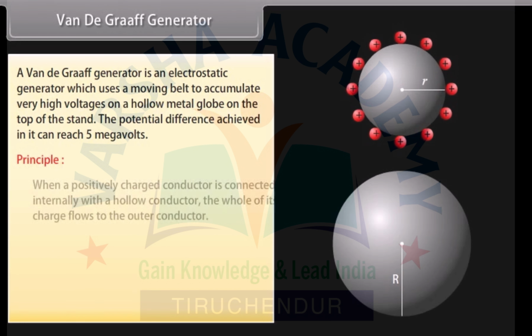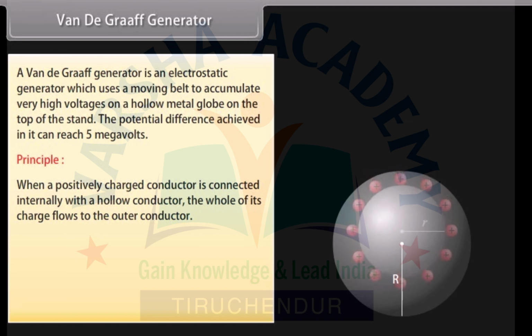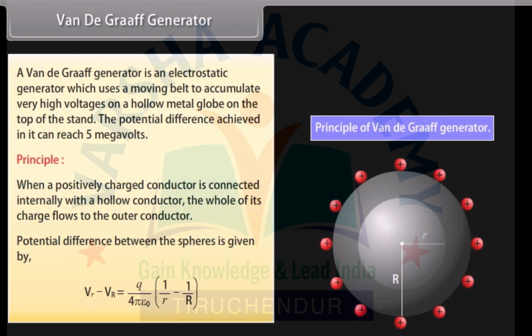Principle: when a positively charged conductor is connected internally with a hollow conductor, the whole of its charge flows to the outer conductor. Potential difference between the spheres is given by V(R) minus V(r) is equal to Q upon 4 pi epsilon naught multiplied by 1 by r minus 1 by R.